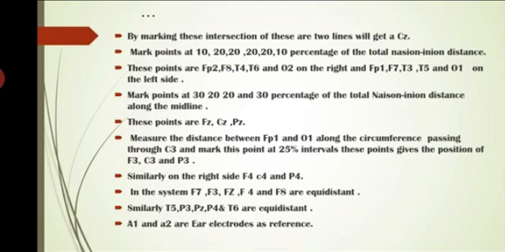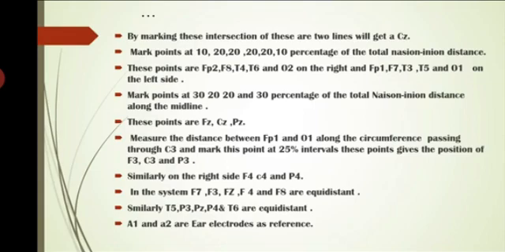Measure the distance between FP1 and O1 along the circumference passing through C3 and mark points at 25% intervals. These points give the positions of F3, C3 and P3. Similarly, on the right side, we get F4, C4 and P4.